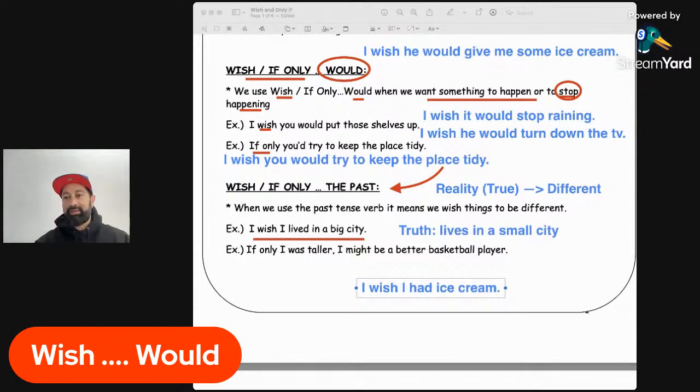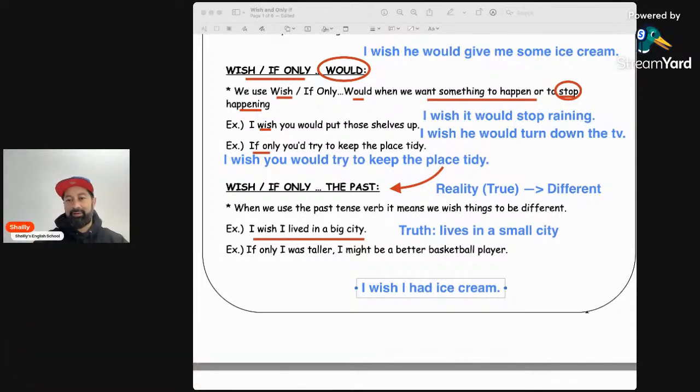So let's keep looking at the second example here. I wish I lived in a big city. That means you want something to be different from right now. The truth is, I live in a small city. I wish I lived in a big city. All right, let's change this bottom example to using I wish.